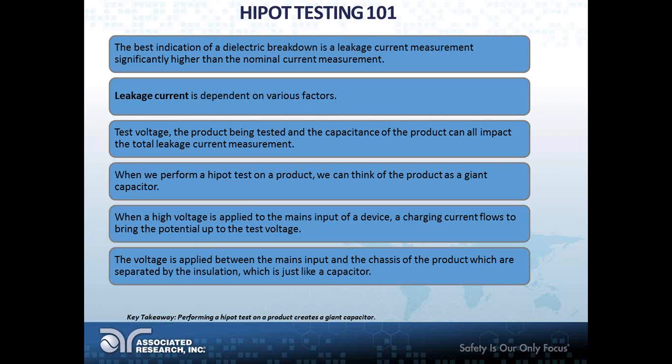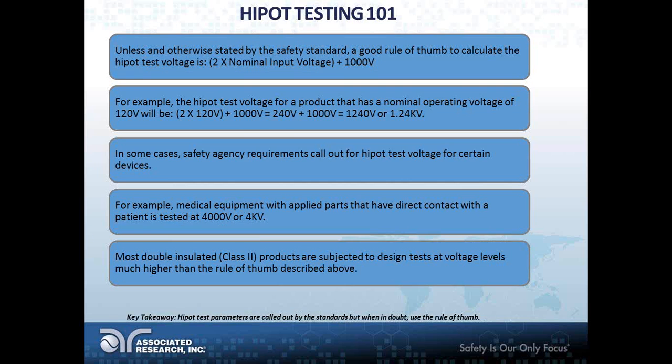And this is similar to the definition of a capacitor: two conductors separated by an insulator. So once again, performing a Hipot test on a product basically creates a giant capacitor, and this is very important to know because it gives us some important points to remember while performing the Hipot test.